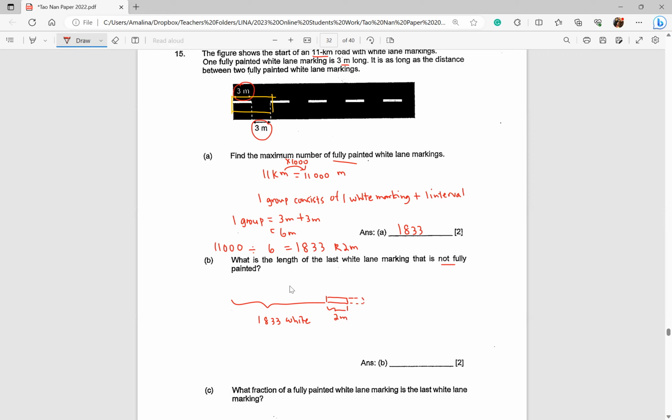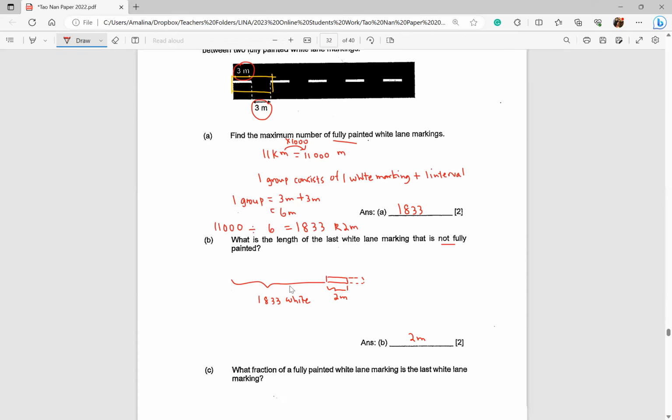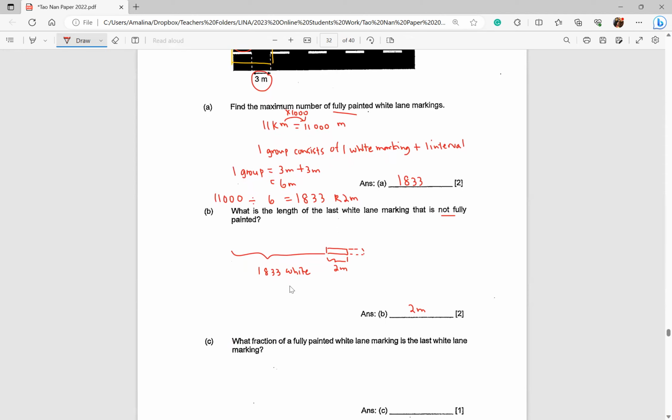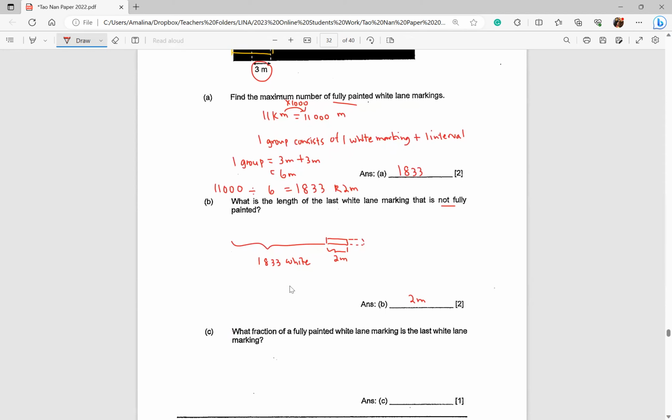Okay? So my answer for part B is 2 m. Now for part C, what fraction of a fully painted white lane marking is the last white lane marking? Since you're only painting 2 meters out of 3 meters, my fraction is 2 out of 3. So that's the answer for part C.